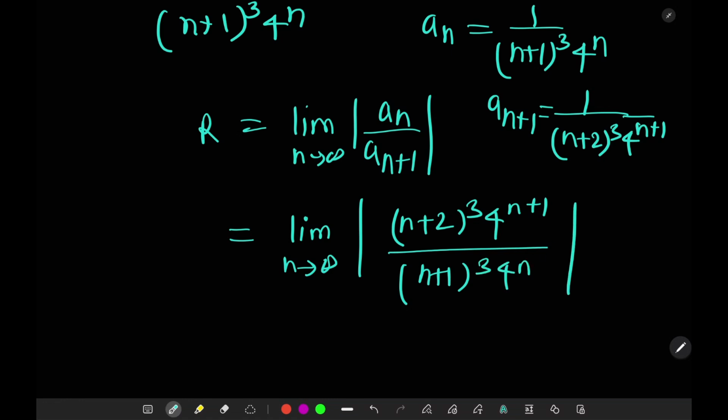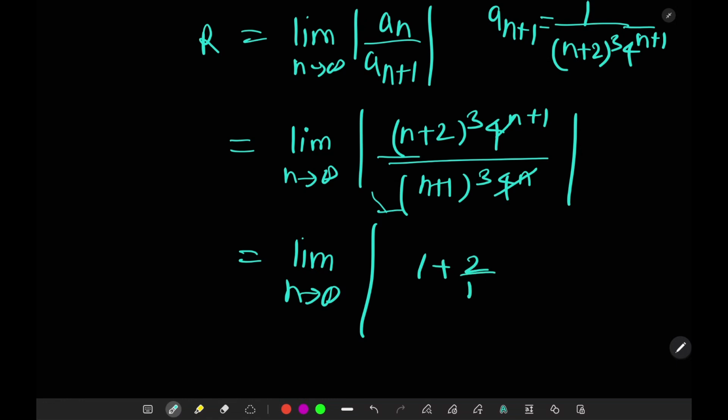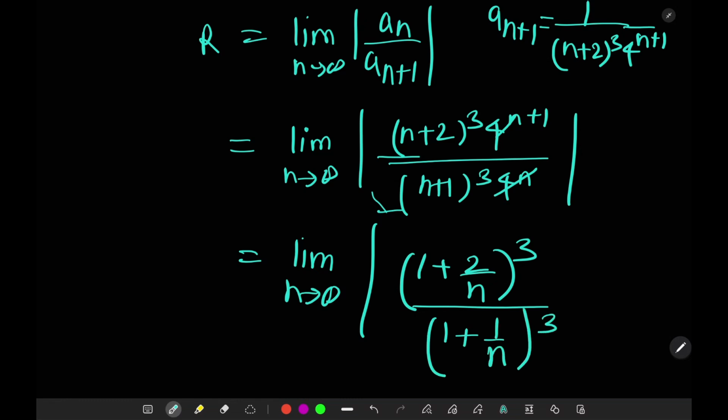Here this power is cancelled out by this power, and we can take n cubed common in both terms. So we can write 1 + 2/n whole cube divided by (1 + 1/n) whole cube into 4.